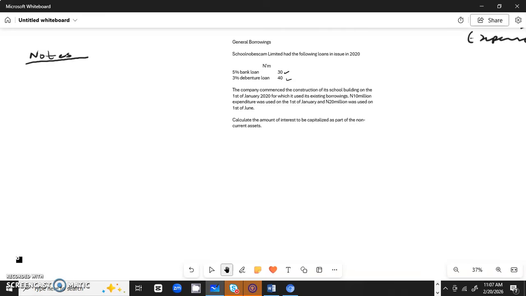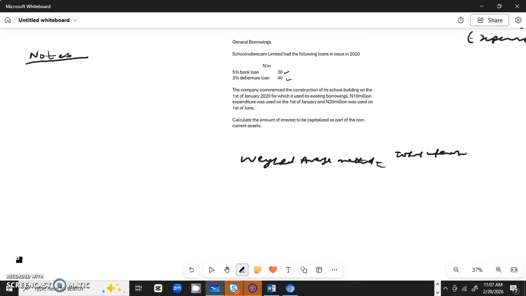Let me just quickly write that here. So weighted average method equals total interest over the total loan, multiplied by 100.